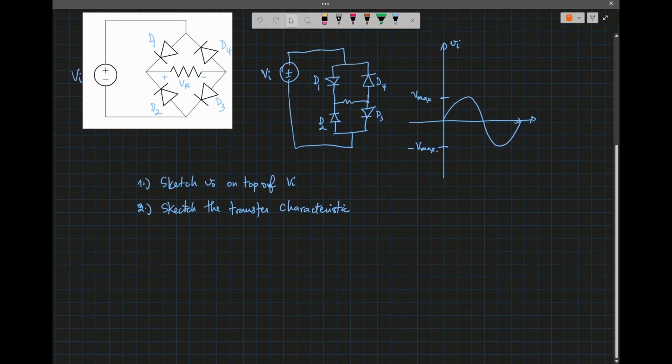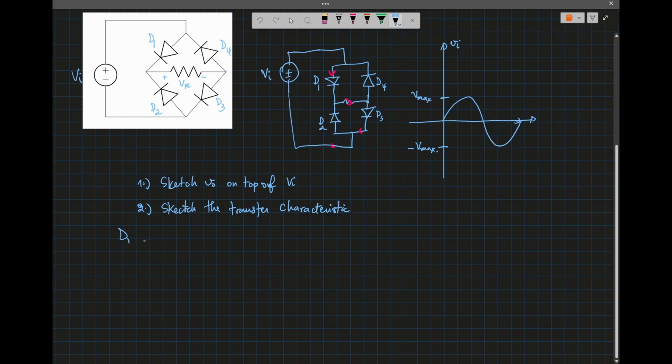Now as you can see, on the positive cycle the current flows this way, that way, this way, and to ground. So in that case, we have 4 diodes here.